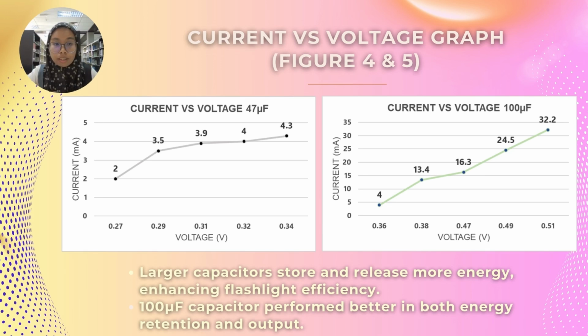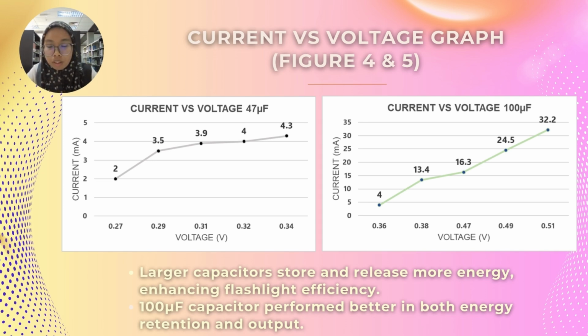The last two graphs are figure 4 and figure 5, the current versus voltage graphs. The first one is for the 47 microfarad capacitor, while the other is for the 100 microfarad capacitor. These graphs show the relationship between current and voltage for the capacitors. For the 100 microfarad capacitor, in figure 5, the current increases almost linearly with the voltage in the range of 0.36 to 0.51 volts, reflecting its robust capacity to handle higher charge and discharge rates.